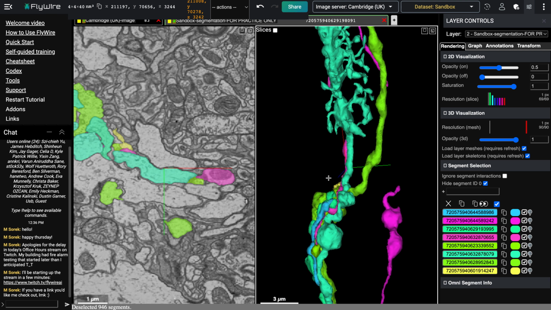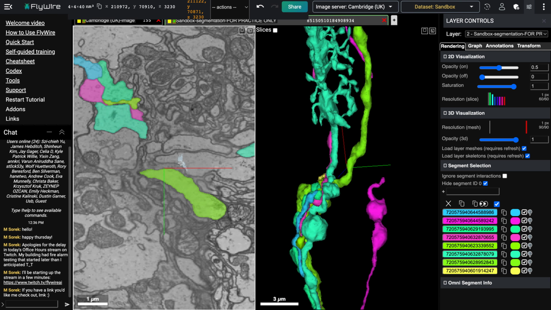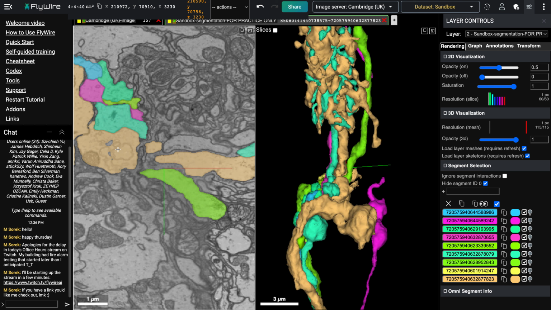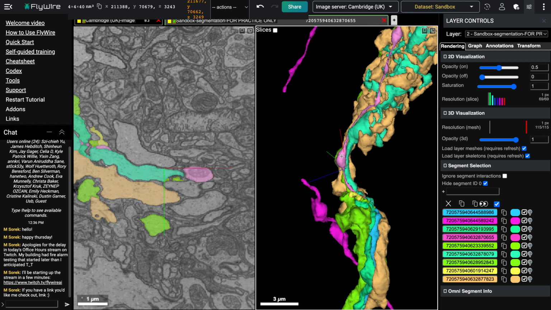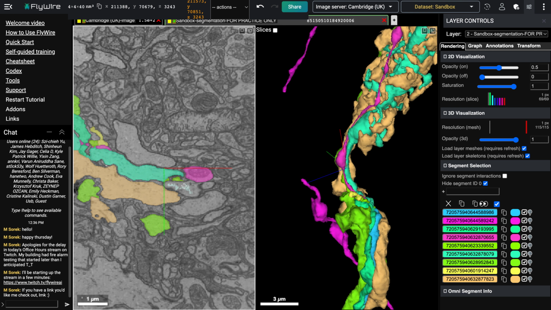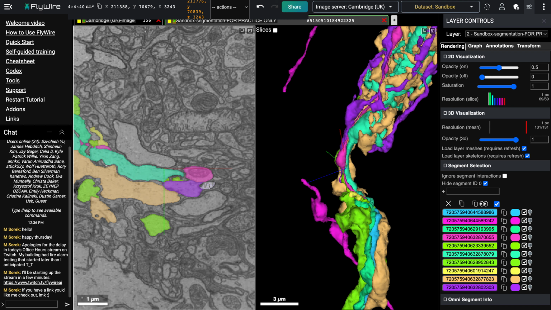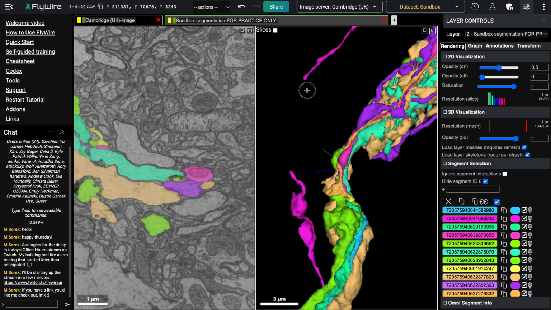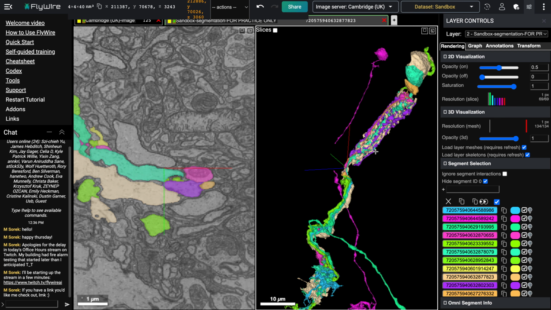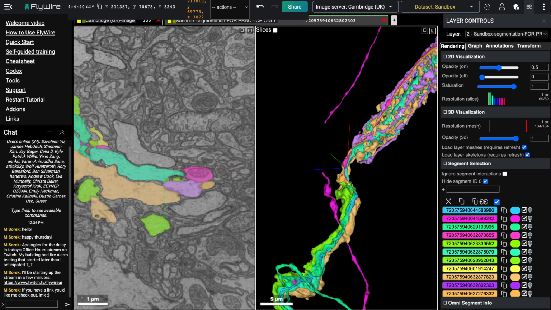Taking out that one. It's the big orange one again. Try and go over here a little more. Alright, I've got a lot of stuff here, so I'm going to get rid of some of it.